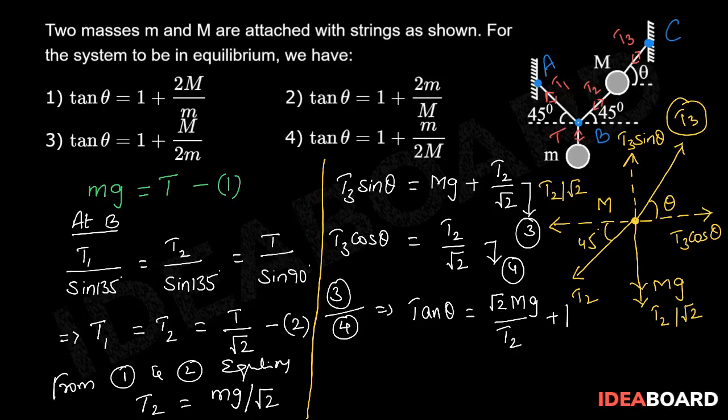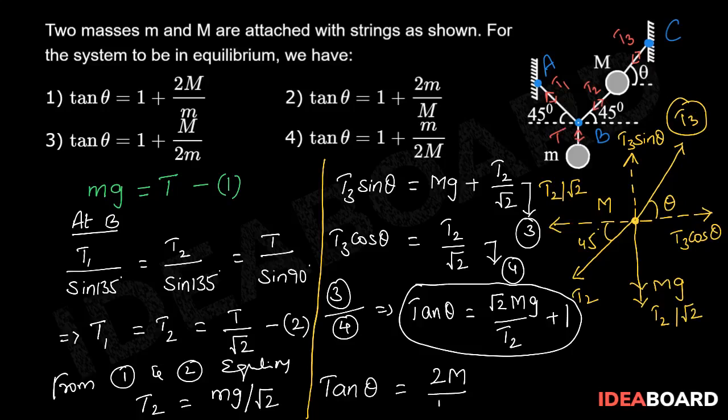Now substituting the value of T2 in this equation, we can write tan theta equal to 2 capital M upon small m plus 1. Therefore, the correct option is 1.